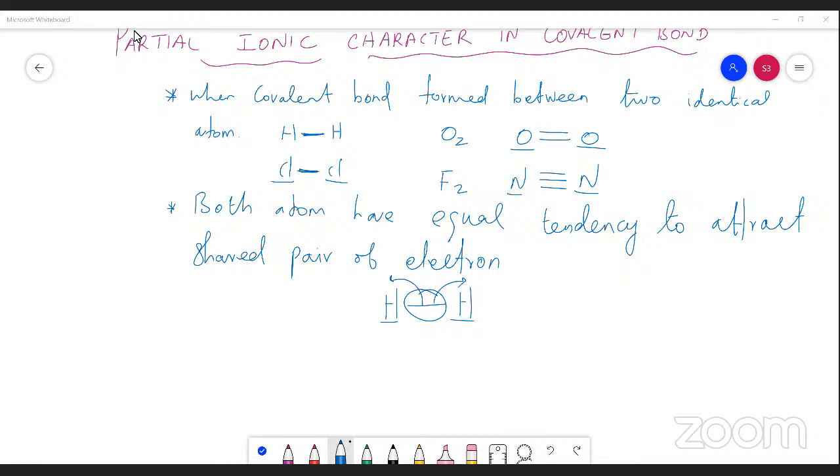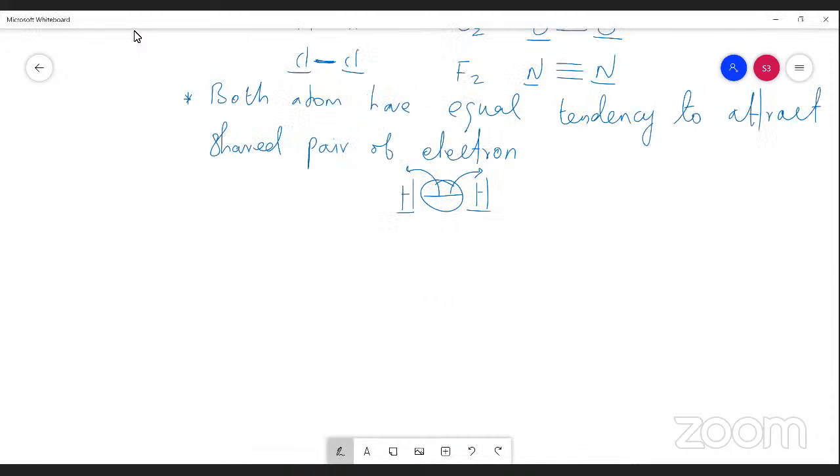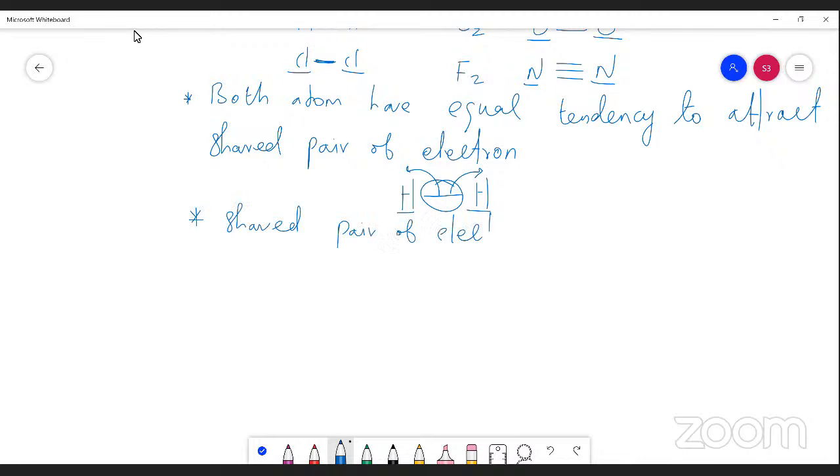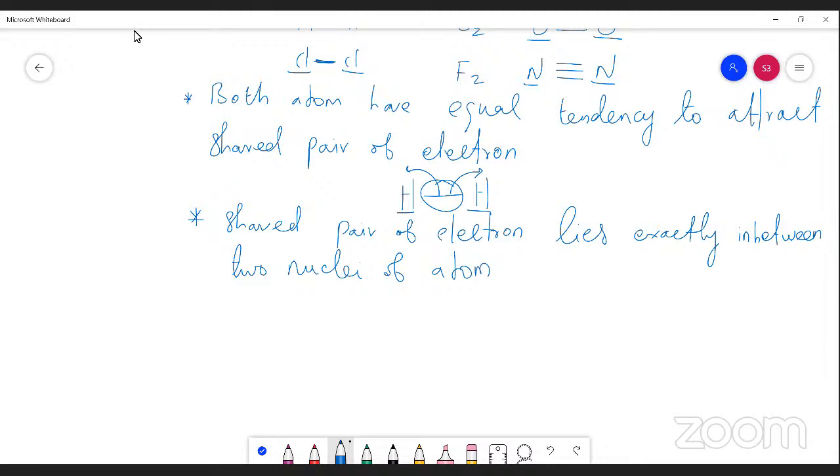Here, the cloud of electrons, the shared pair of electrons, lies exactly in between the two nuclei of the atoms.